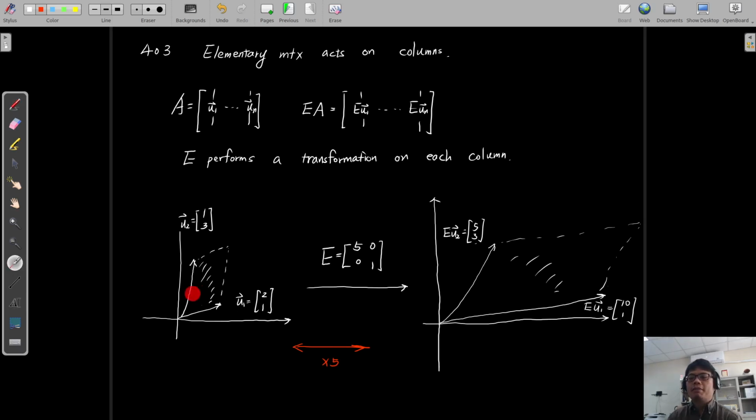So whenever you have a picture here and you apply this action to all the vectors on this plane, it will stretch the whole thing left and right by 5 times.